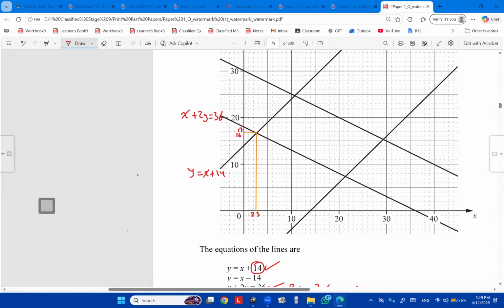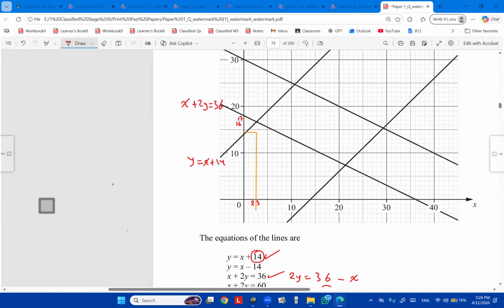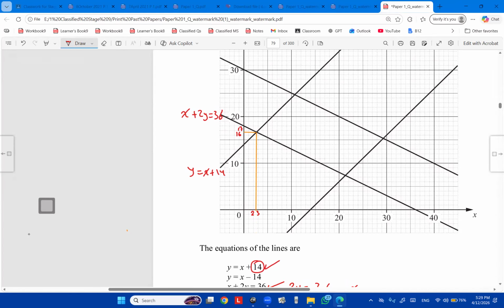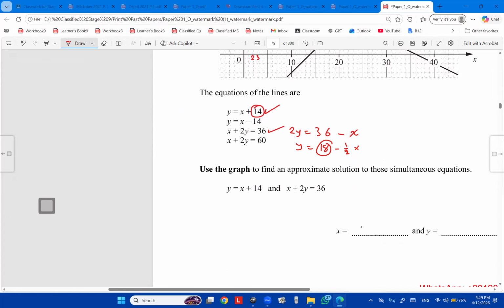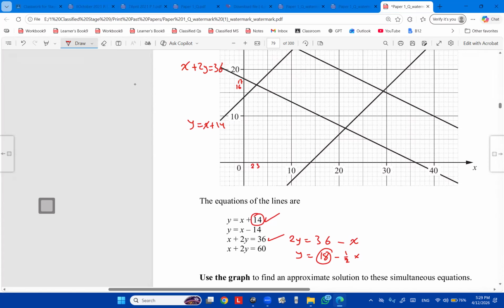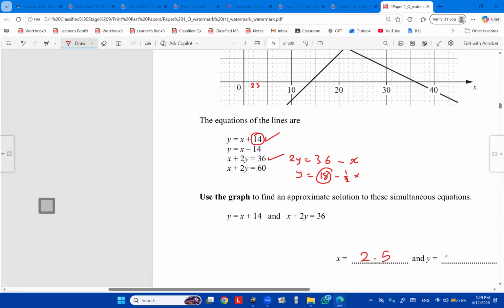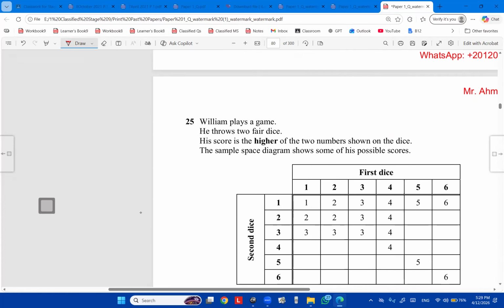X is any number between 2 and 3, so I'm going to write maybe 2.5. And since the y was very close to 17, I'm going to write 16.8. You're going to find in the mark scheme saying any value between 2 and 3 is accepted, any value between 16 and 17 is accepted.